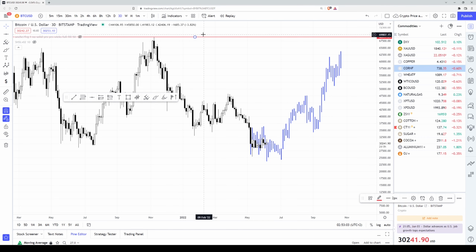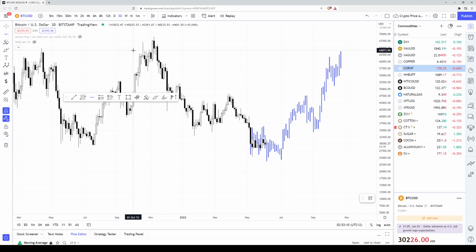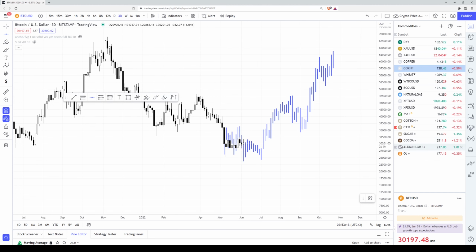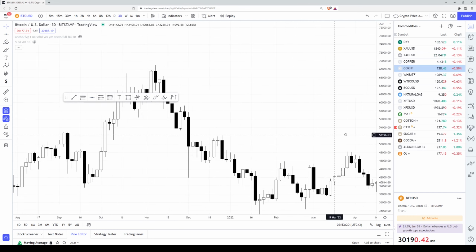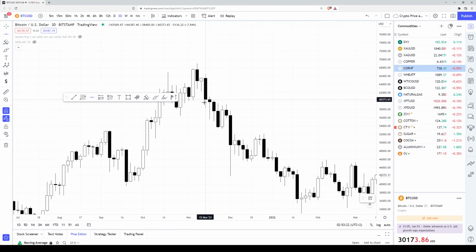However, alternatively, you can use the magnet mode that is specifically used for pointing out such important levels, simply because the magnet looks at the four data points within a candle, so at the open, high, low, and close. So if you hover over a specific candle, as you can see, price moves over the low, the open, the close, and the high of that specific wick.